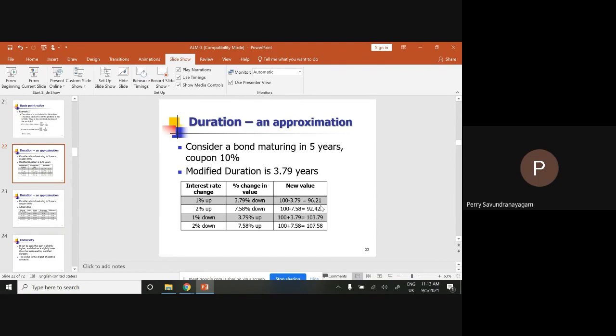So I can do it in two ways. I can purchase a 10-year bond at 9% or double the amount of a 5-year bond at 8%. I can purchase 100 million of 10 years, or I can purchase 200 million of 5 years, correct? Effectively, it will give me a similar sort of duration.